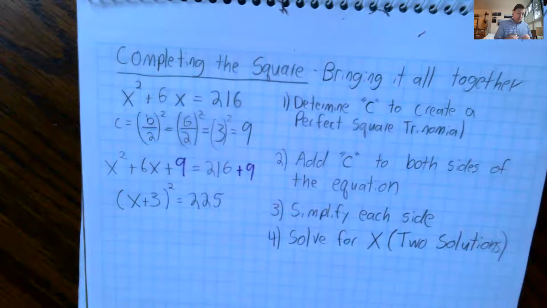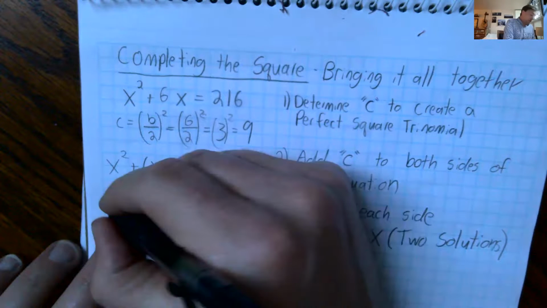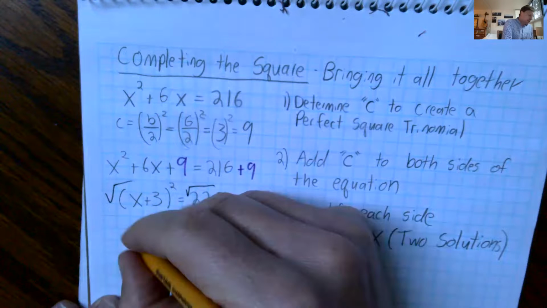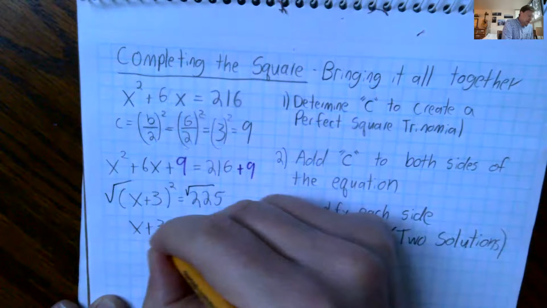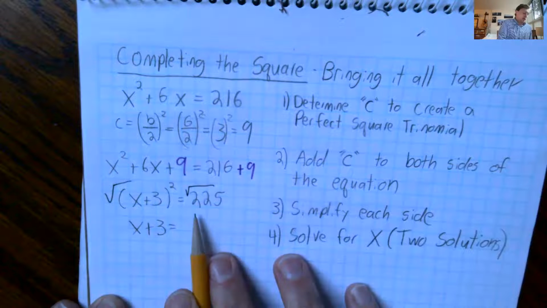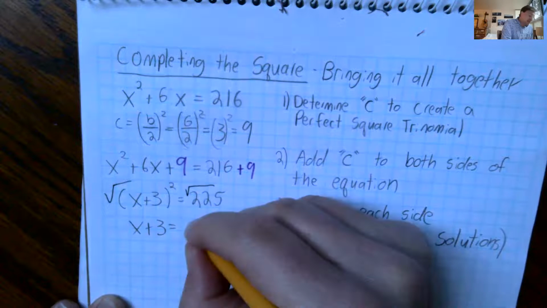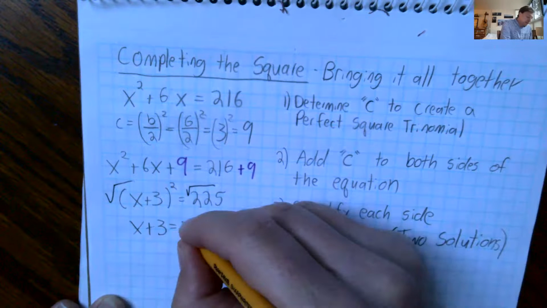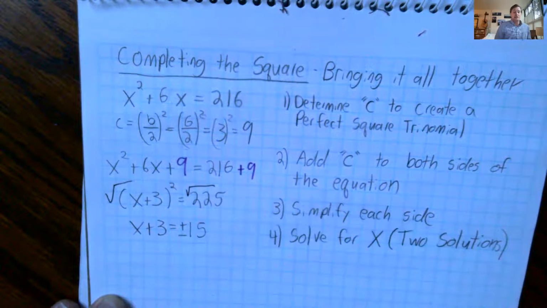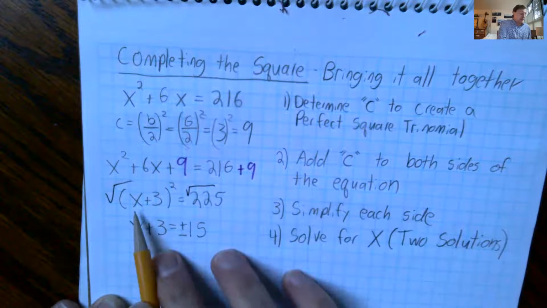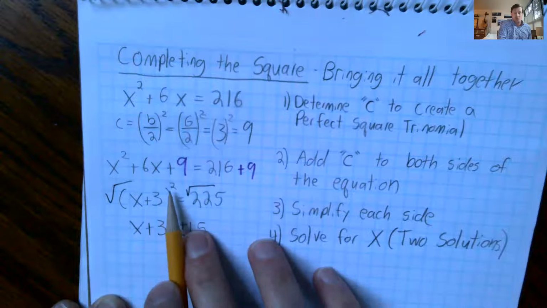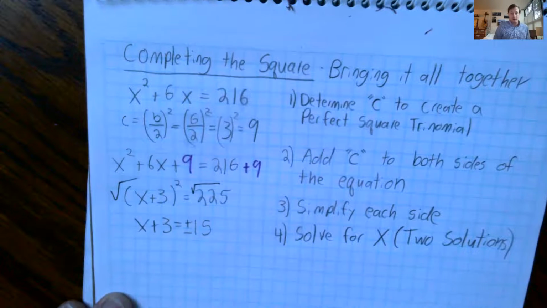To do that, I'm going to find the square root of each one of these sides. So I'm left with x plus 3. And the square root of 225 is 15. But remember that that 15 can be positive or negative, because positive 15 squared is 225, and negative 15 squared can also be 225.